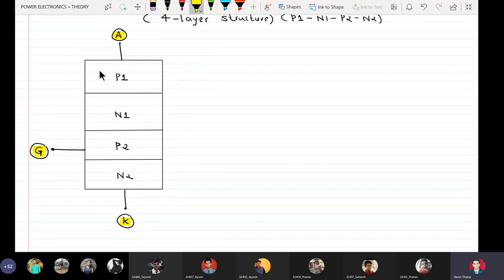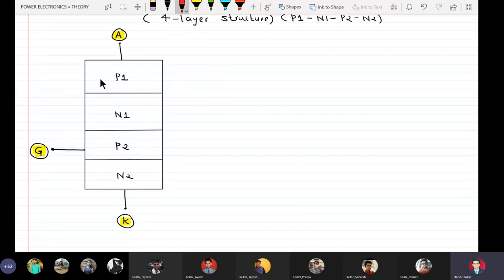Okay, so I will just make one mark. This is my PNP transistor. Let me write it inside, that will be better.